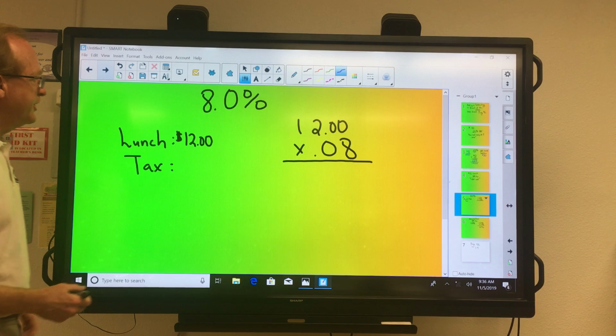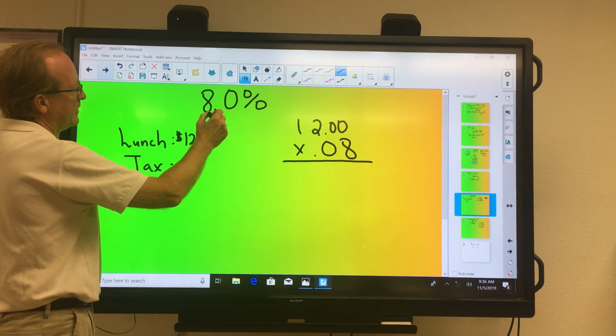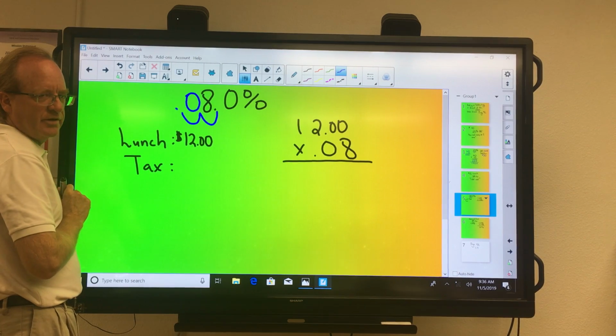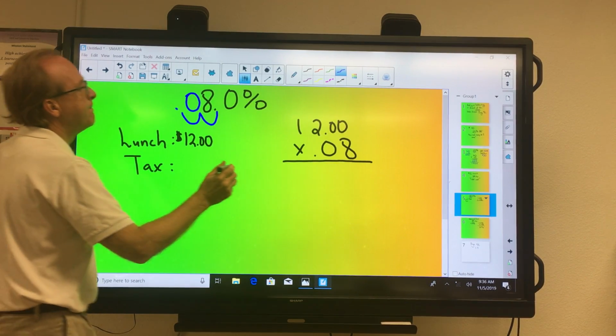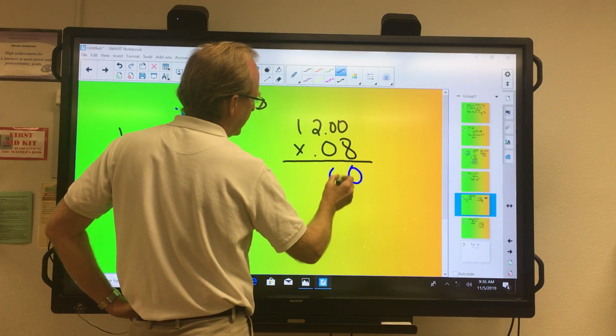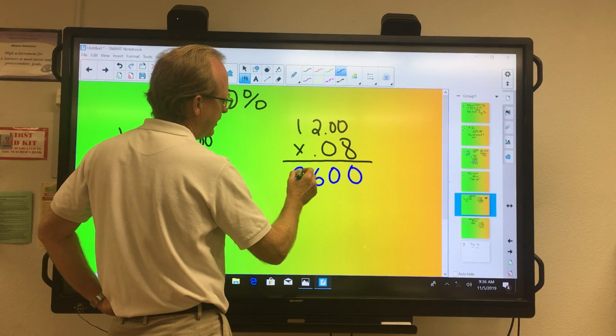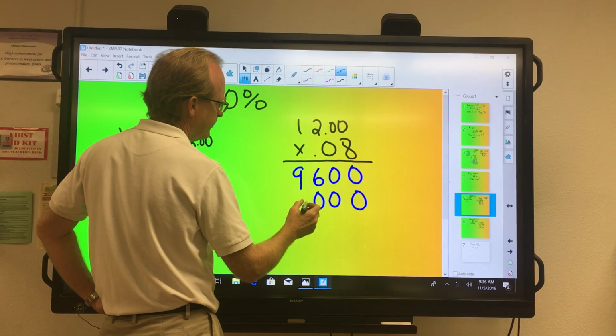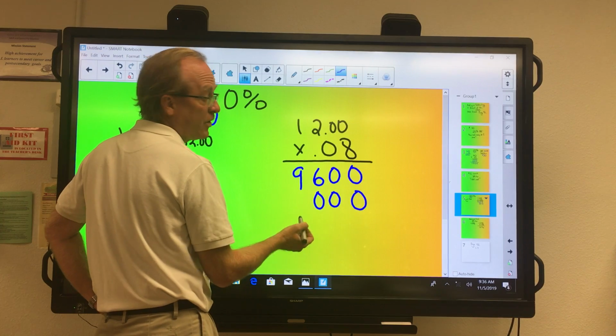Well, we're going to convert that to a decimal, and we learned on the last page, it's always 2 to the left. Then we multiply, and when we get all done, we come up with... see what's happening. Oh, wait a minute, that's all zeros.